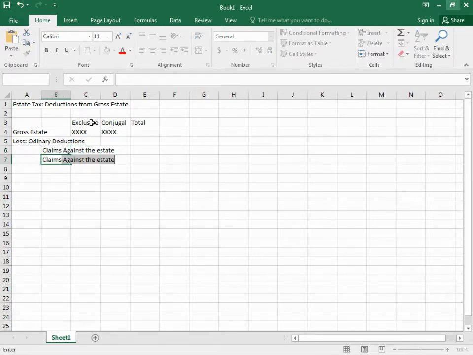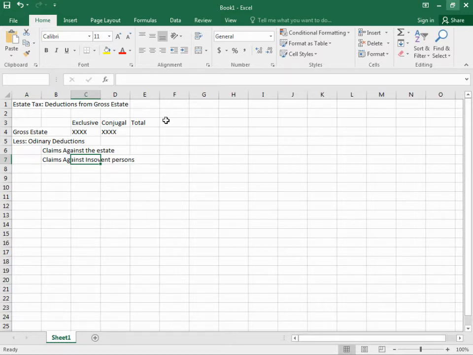Then another one is claims against insolvent persons. Meaning, the collection of these claims is very unlikely, or given the effort in the ordinary course of business, the collection of these claims cannot be made.